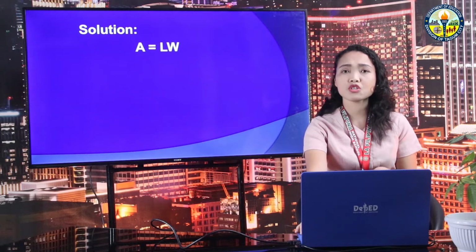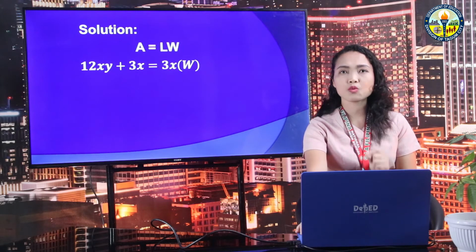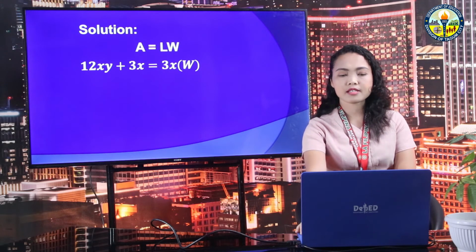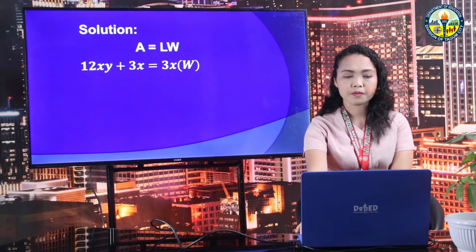So we will substitute the values for the area based on our problem. So we have here the area is 12xy plus 3x. The length is 3x, but the width is unknown. So you will find the value of w.